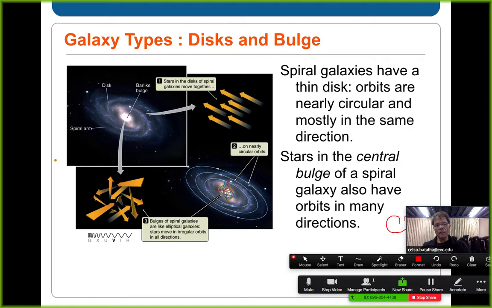The stars that belong to the bulge seem to move in all possible directions. They are bound to the center part of the galaxy. They are bound to the black hole located in the very core, but they all move in all possible directions. So just by looking at the type of stars and their dynamics, you can tell the difference between a spiral and an elliptical galaxy.